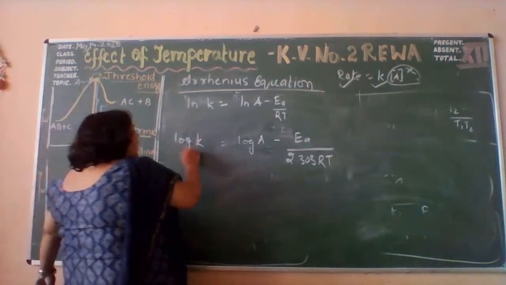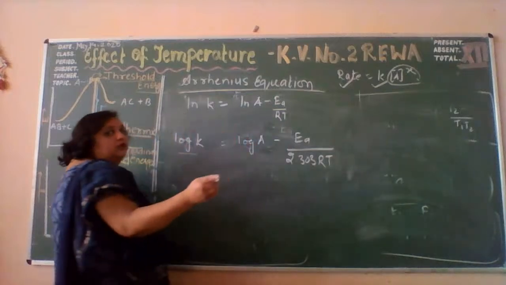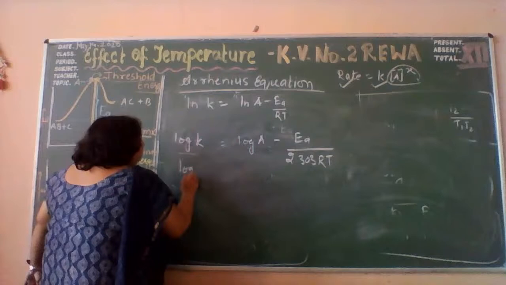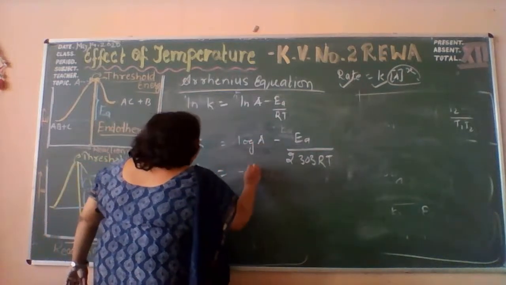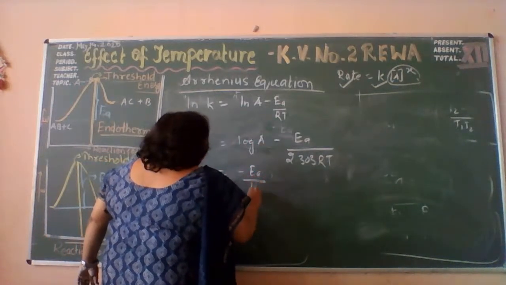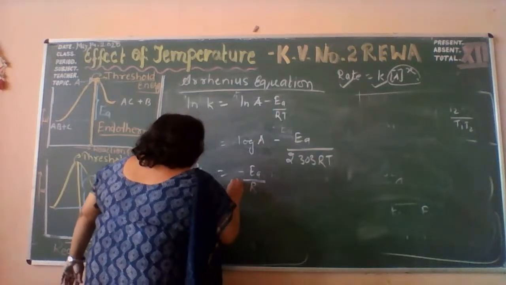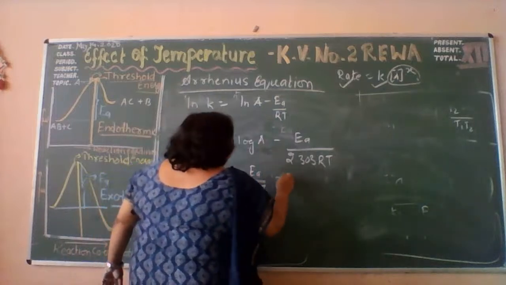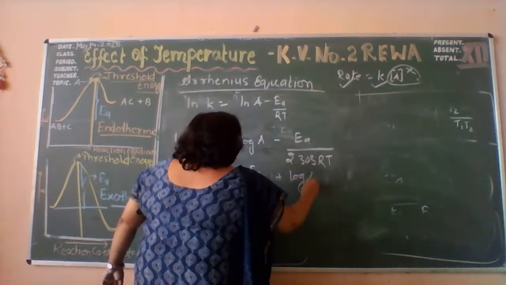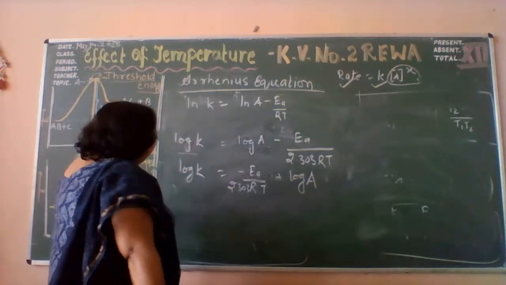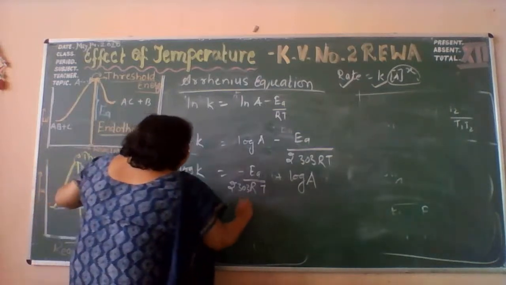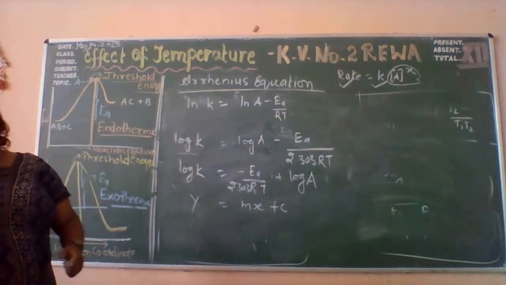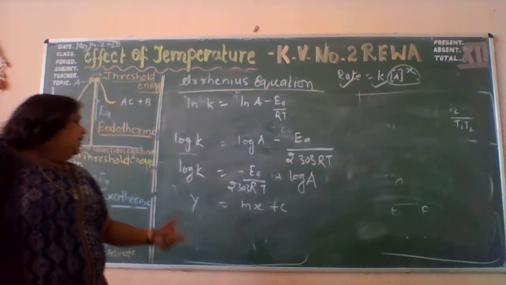Now, since the graph is always plotted for the variables, that's why I'm bringing this here: log K is equal to minus EA upon 2.303 RT plus log A. So here you can compare it with y is equal to mx plus c that we did in the first order reaction and the zero order reaction.